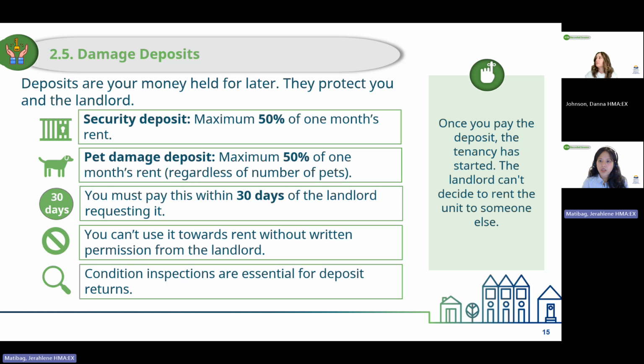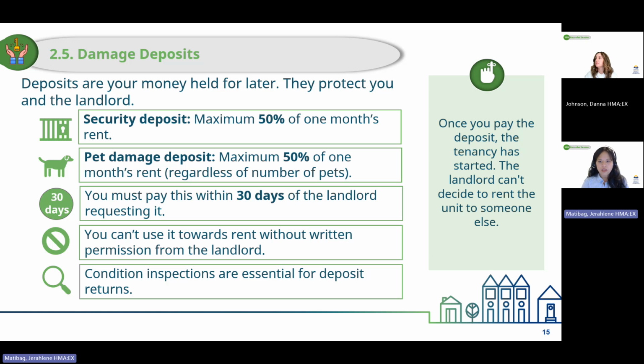Okay, so moving on, let's talk about the damage deposit. Deposits are your money held for later, and they protect you and the landlord. Deposits are designed to protect you for any damages that may happen during or after the tenancy.